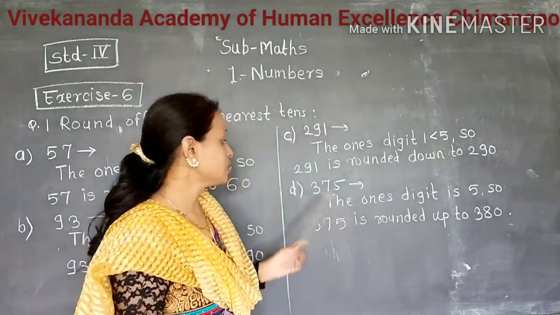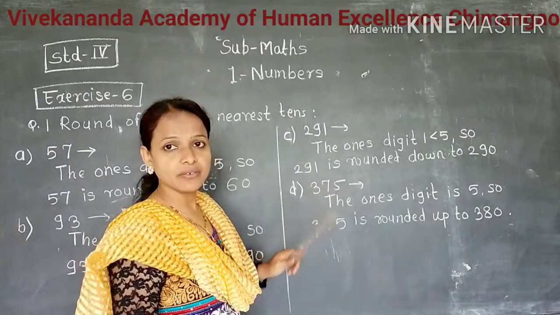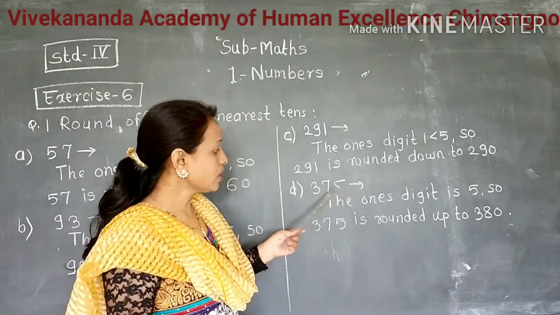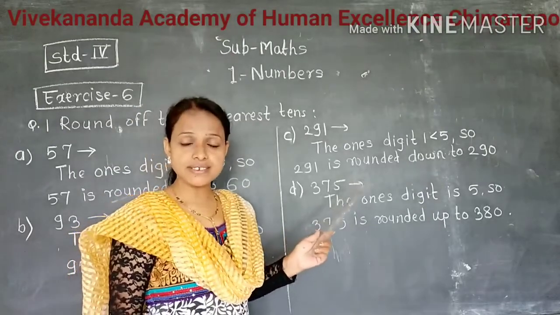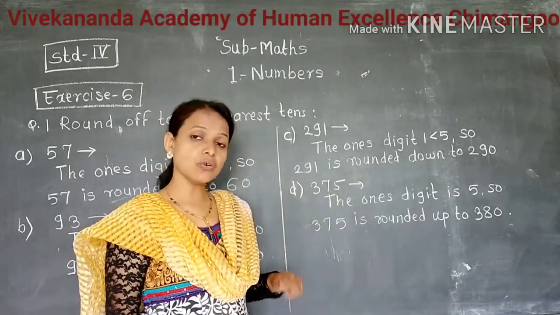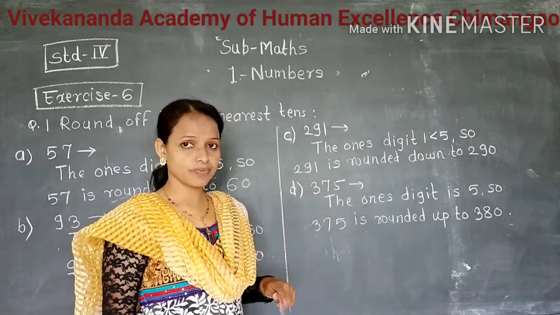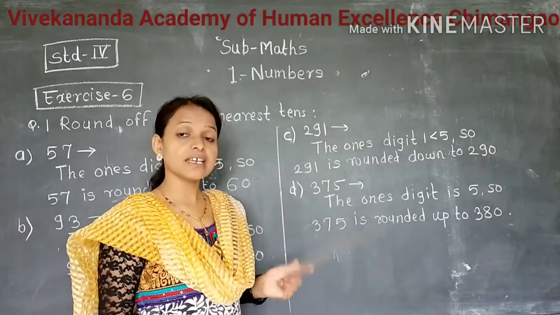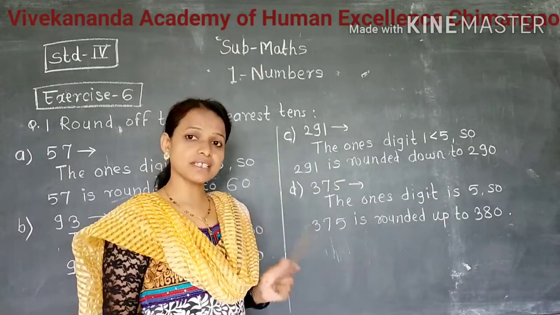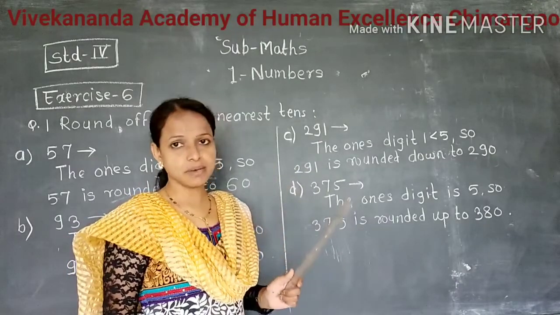Next number, 375. So here the ones digit is 5. So we have learned if the ones digit is equal to or greater than 5, then the ones digit is replaced by 0 and the tens digit is increased by 1.